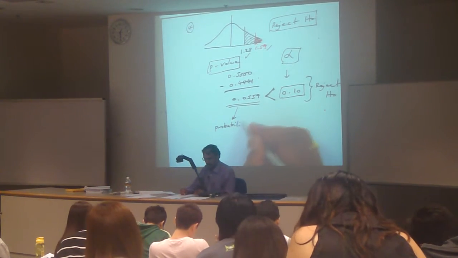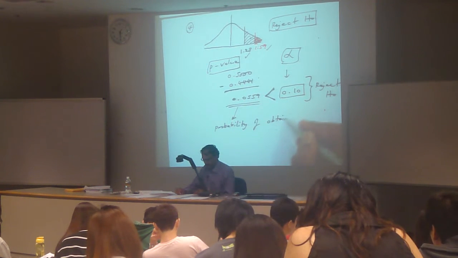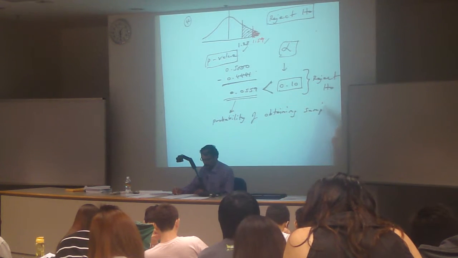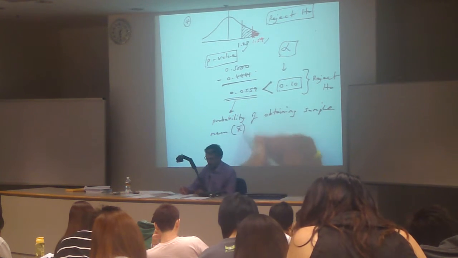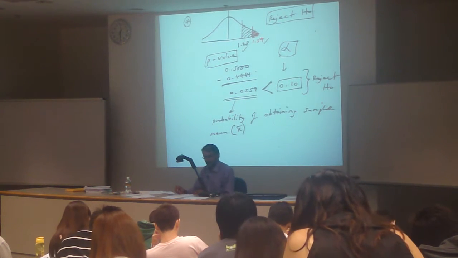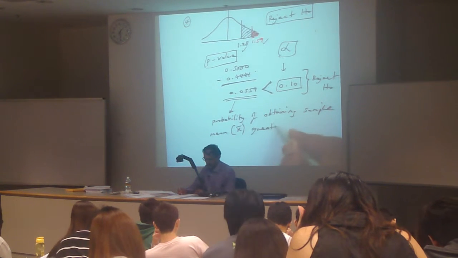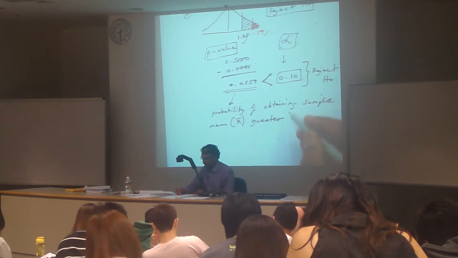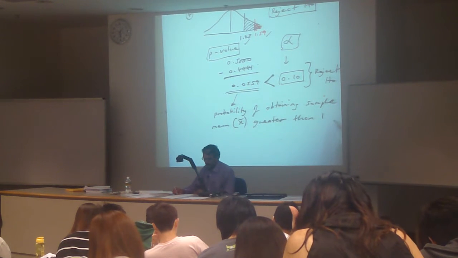Interpret. This is the probability of obtaining a sample mean X bar greater, or lesser? Greater. Area to the right. Area to the right is greater than 1,2. 1, 2 is correct.